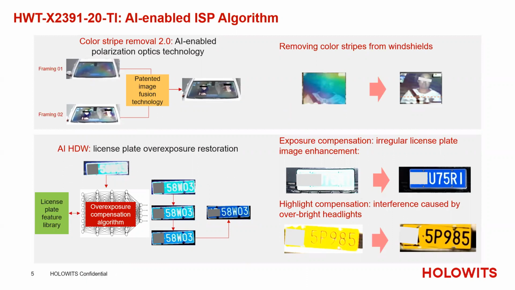This algorithm allows the image to be divided into multiple parts, each of which is optimized with its appropriate algorithm. As shown in the picture, it will combine multiple frames captured in different exposure conditions to generate the final image.